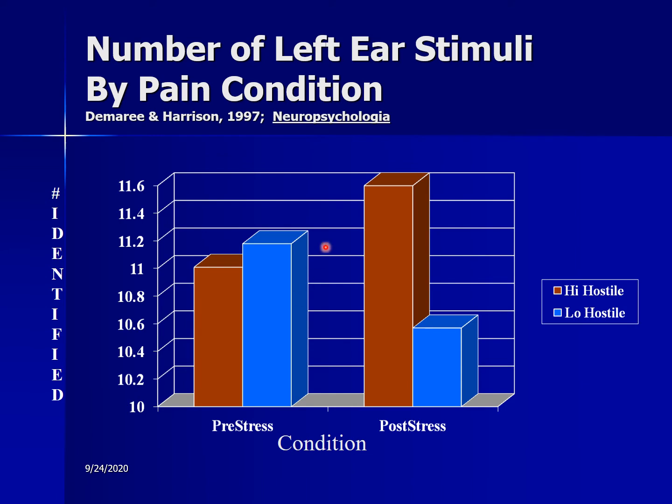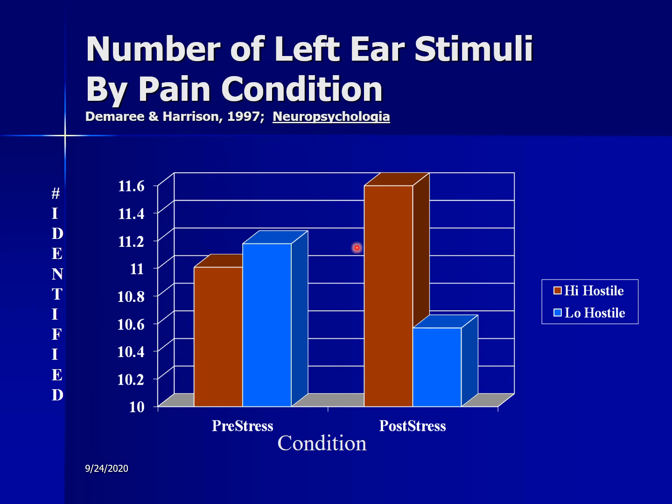So here we're looking at the number of left ear auditory events that are detected in a situation where both ears are getting sound. So does the individual, when they get sound in both ears at the same time, hear with their left ear or do they hear with their right ear?